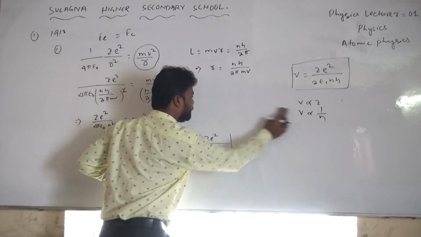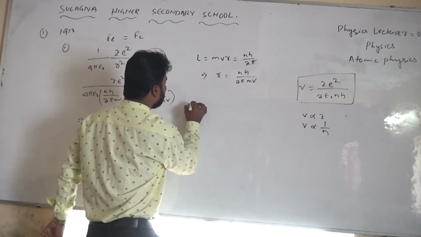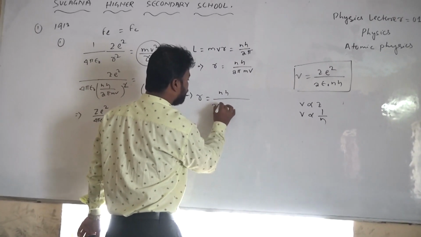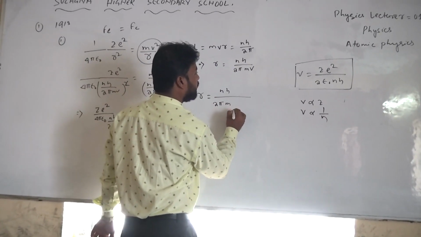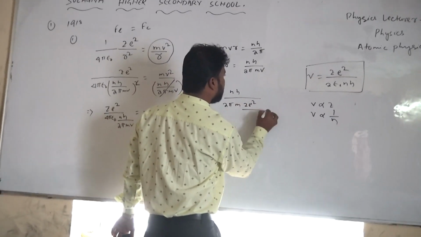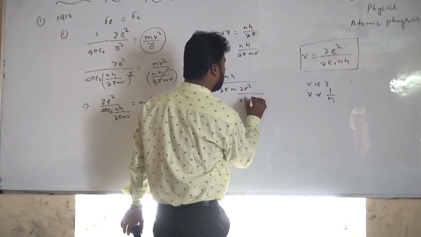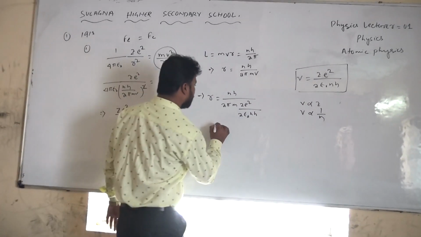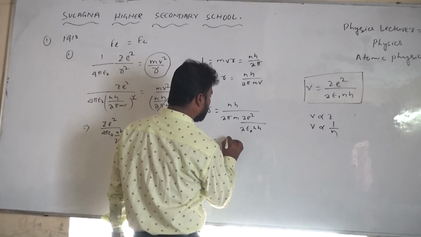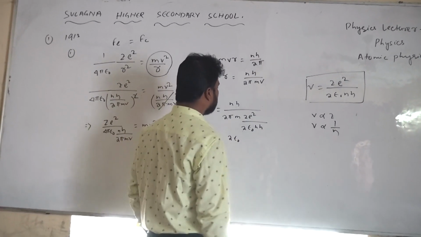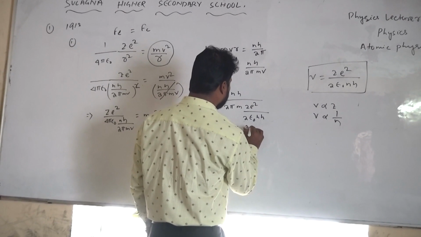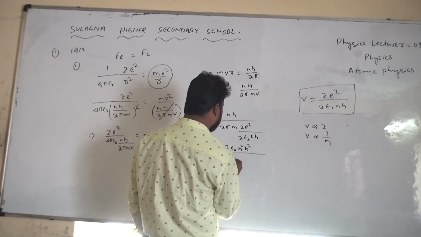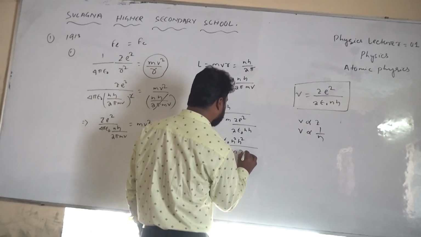That means r is equal to mh by 2 pi m z square by 2 epsilon naught nh, or r is equal to 2 epsilon naught n square h square divided by 2 pi m z square.